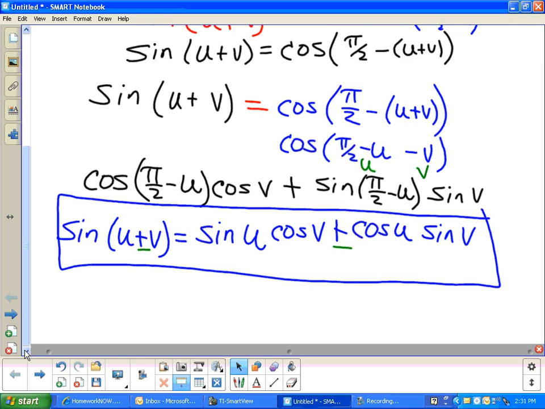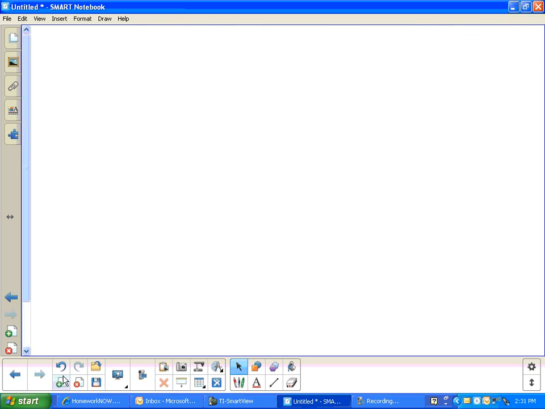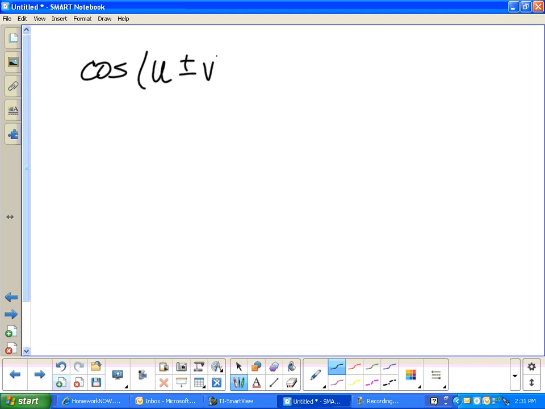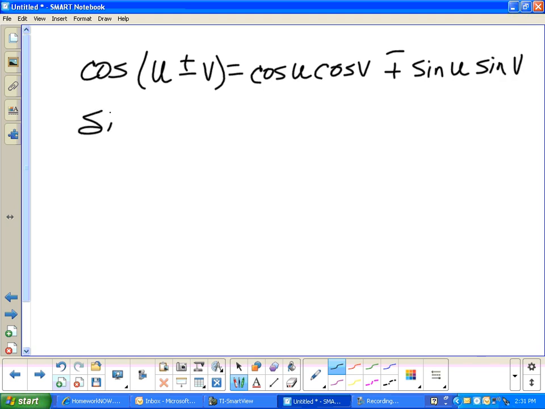All right, I want to write the two formulas from scratch again. The first formula you learned was cosine of u plus or minus v equals cosine u cosine v minus or plus sine u sine v. The sine formula, on the other hand, looks like this.